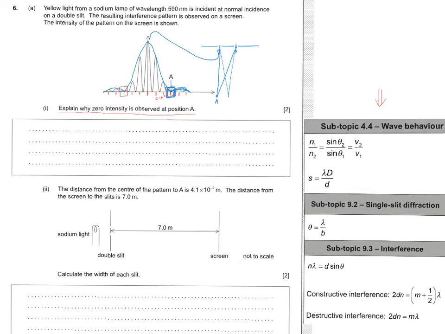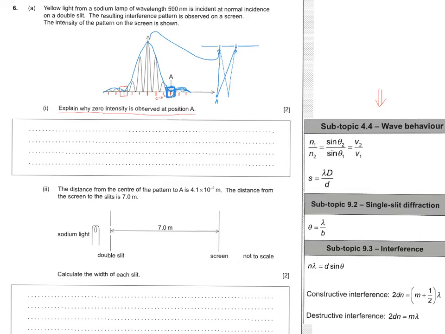Well, it's because the double slit interference is composed of two individual single slits. Each one of those single slits is at a minimum at that point, and because they're at zero intensity, when I superimpose the zero and the zero, I get nothing. Okay? That's an important idea here so that you'll be able to interpret the rest of the question.